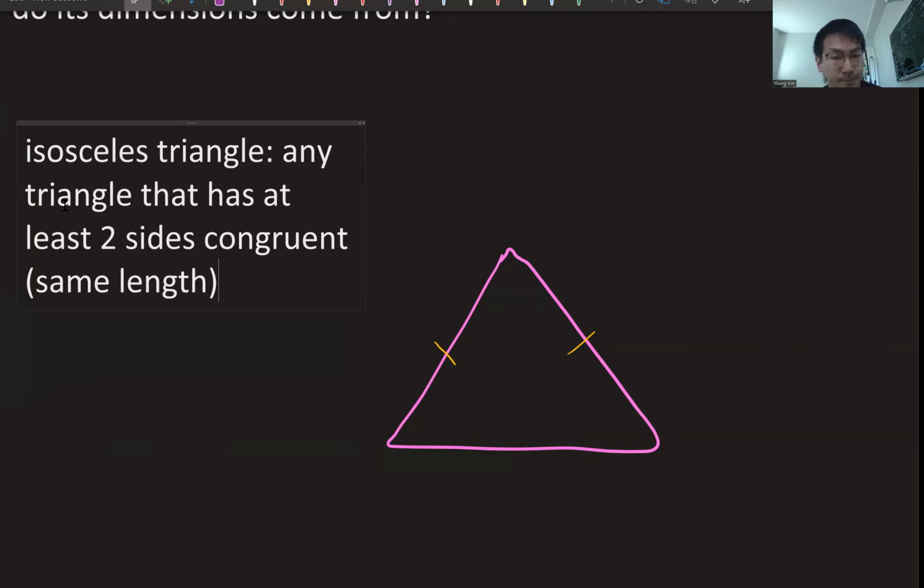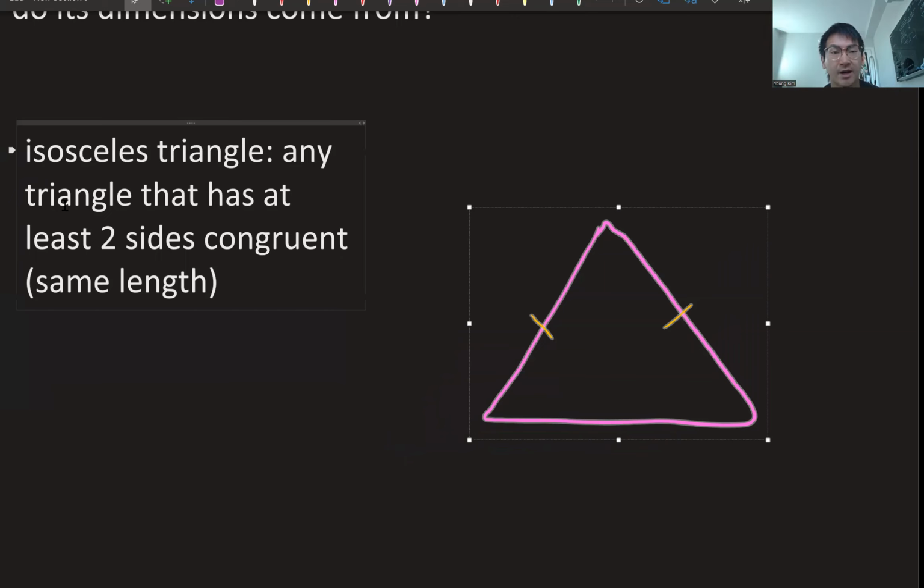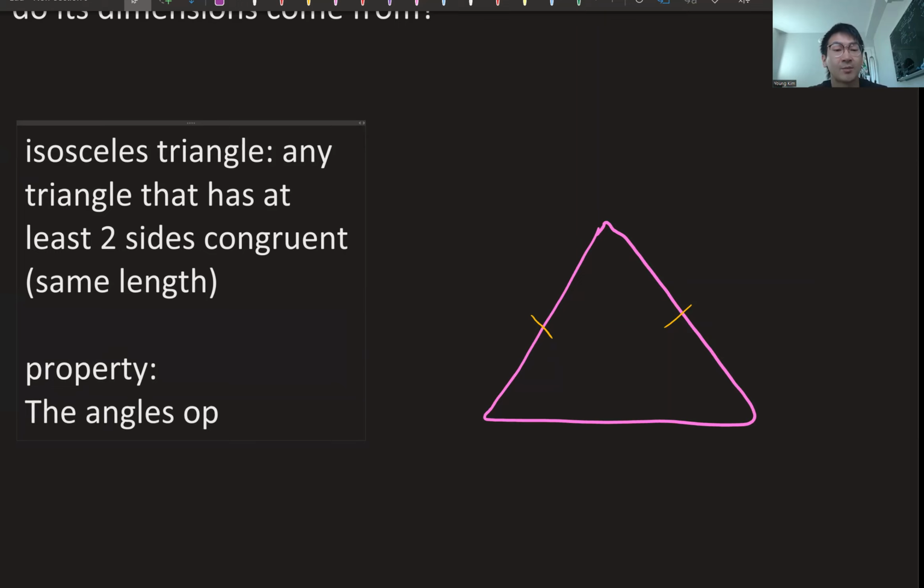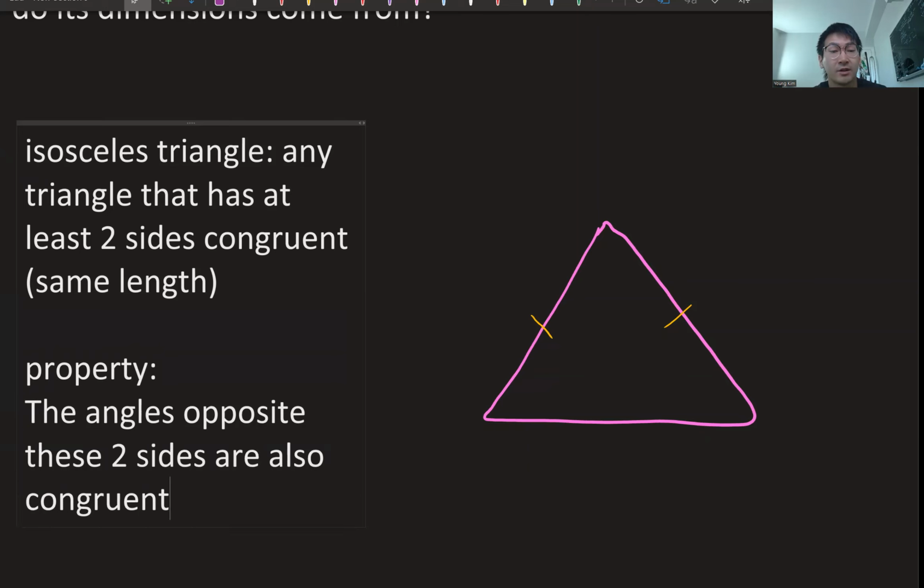What else is important about them? In isosceles triangles, not only are at least two sides congruent, but here's another property: the angles opposite these two sides are also congruent.